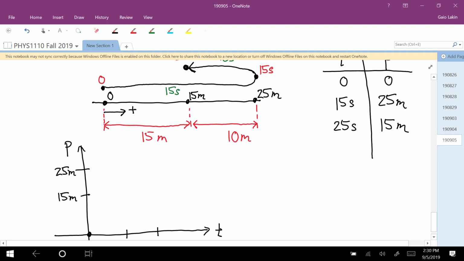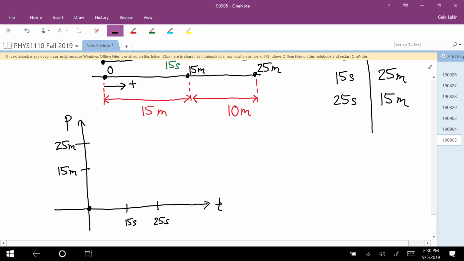The second instant that we care about is at 15 seconds. And the position is 25 meters. So that's here. And then the third one is at 25 seconds and 15 meters. So here.